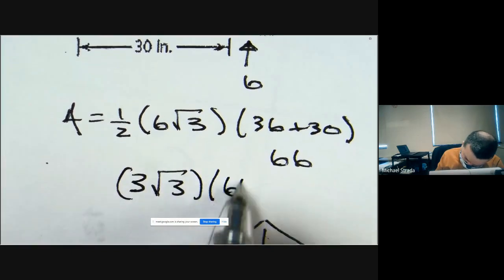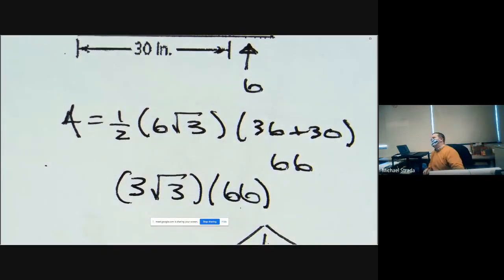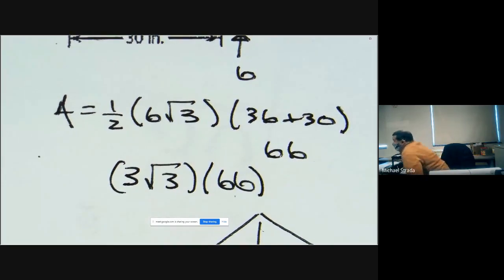And now I would like to have everybody's attention. Ladies and gentlemen, exact and what it means. For those of you that continue to put decimals down and are wrong, exact is not a decimal with 42 digits. It isn't. Exact is exact. When you multiply those together, you're going to multiply the 3 times the 66.